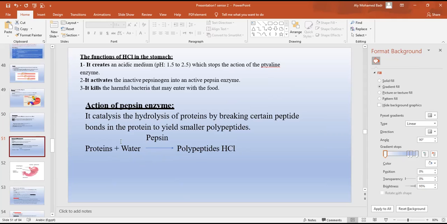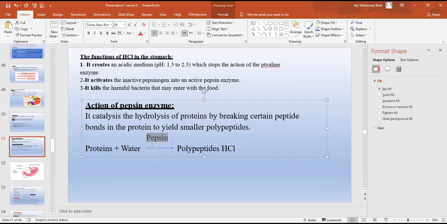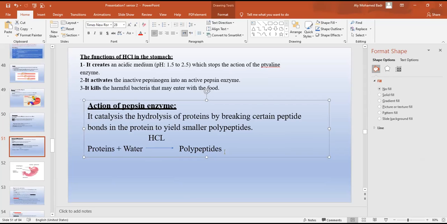Hydrolysis, as we said before, is with water. Protein plus water, in the presence of HCl here and pepsin, gives polypeptide. The protein will be broken into polypeptide chains, only that. It is not complete digestion.